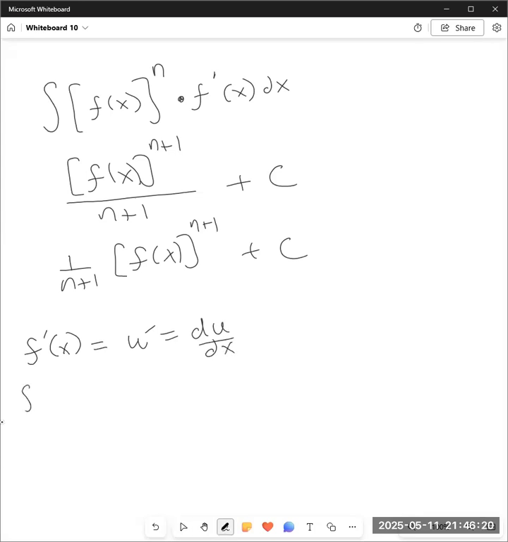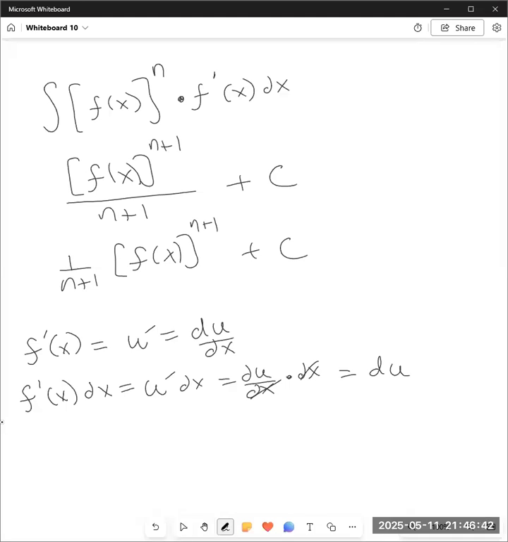So when I take f prime of x dx or u prime dx, that's du dx. With a dx over here, it's like multiplication, where that cancels out and we get just du.